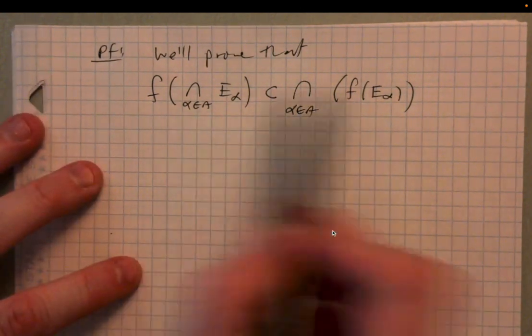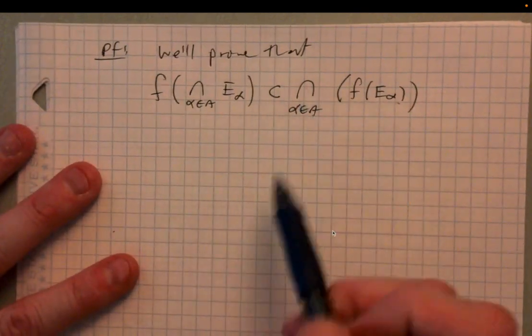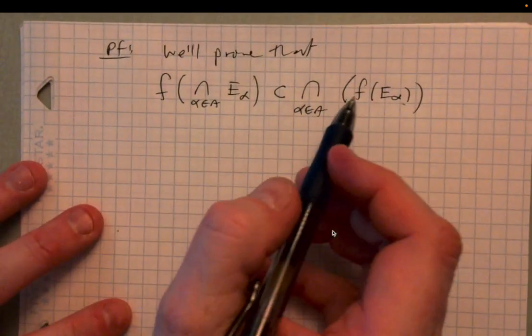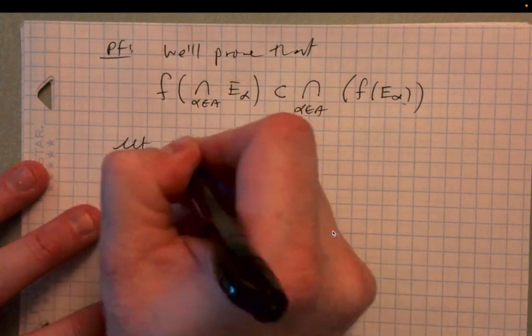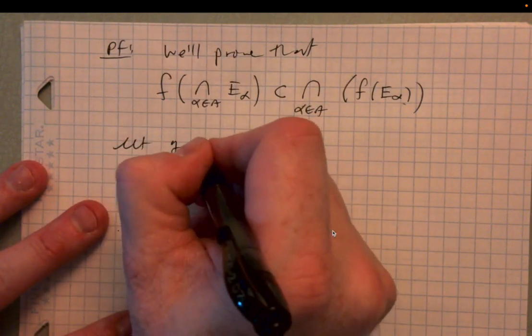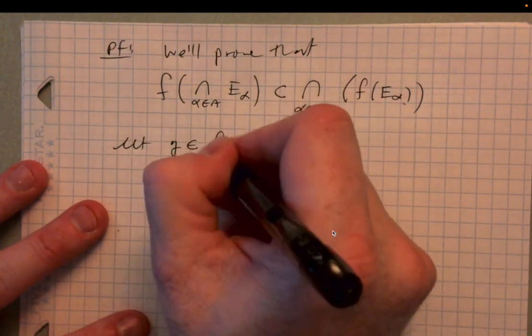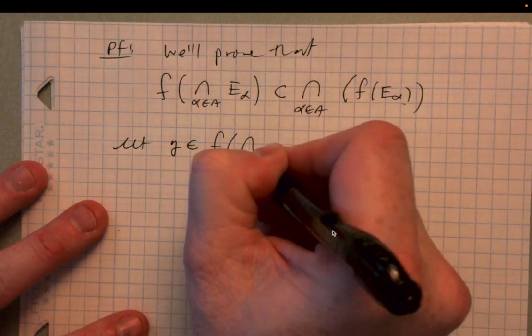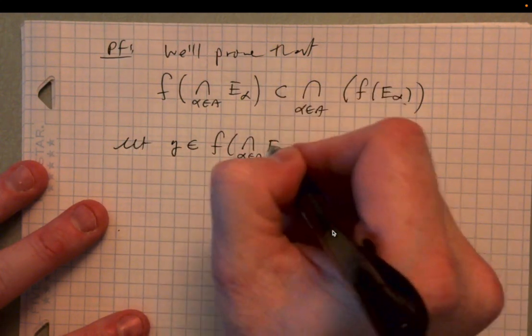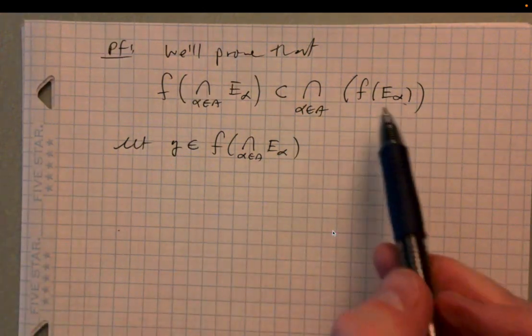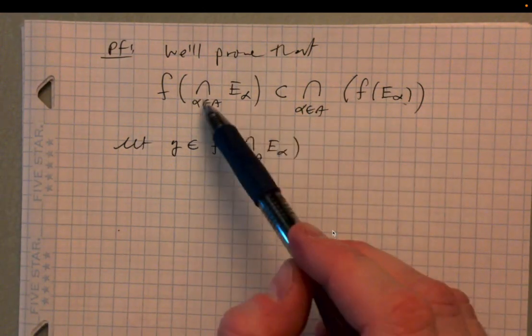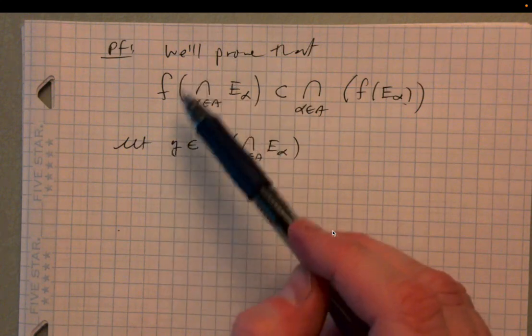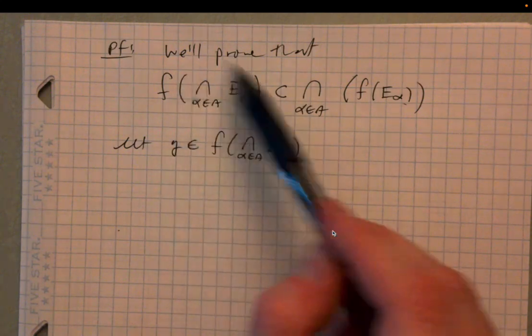So to prove this, we basically have to prove one direction. That's why this one is a good one to choose. So let y be in f of the intersection over alpha in A of E alpha. Meaning we'll let y be an element of this set here.